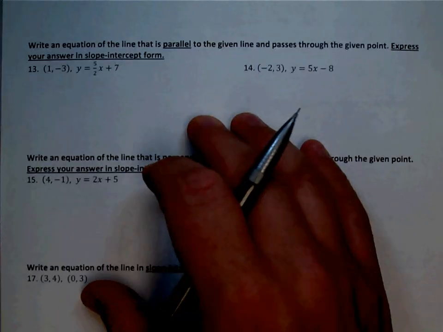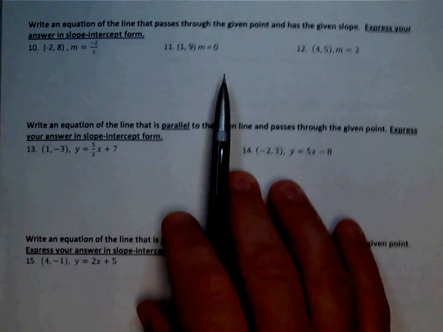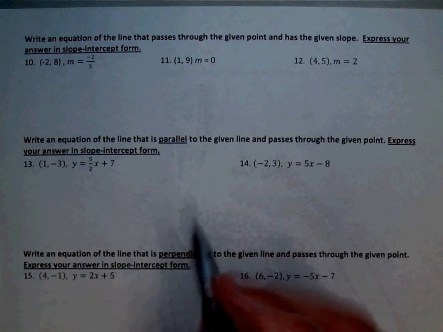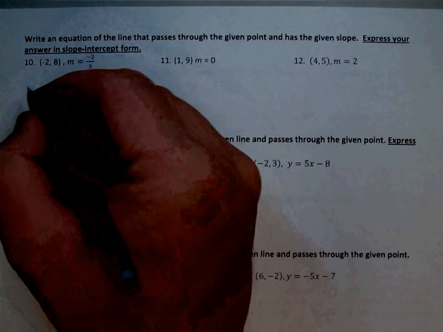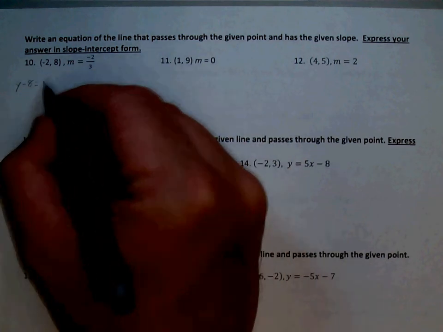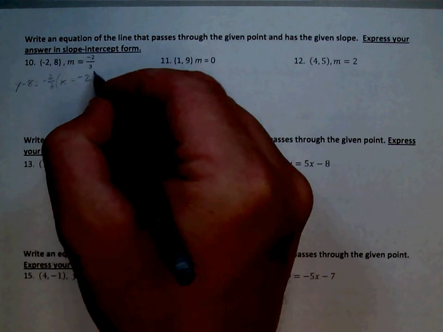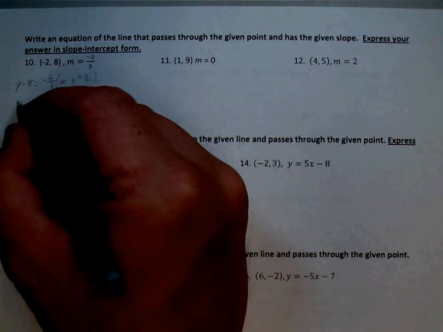Oh, sorry, I'm looking at the wrong question. Number 10. We've got a slope and we've got a point, so I'm going to use point-slope form. You don't have to. But y minus 8 equals my slope, negative 2/3, times x minus negative 2. That would be x plus 2. Distribute.